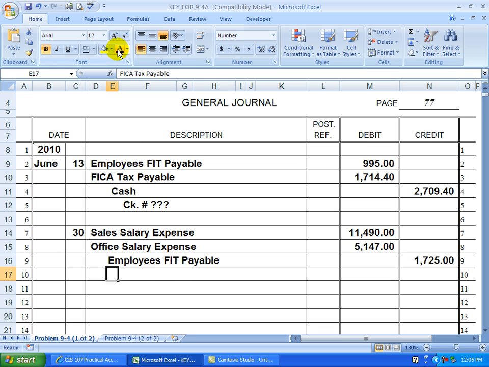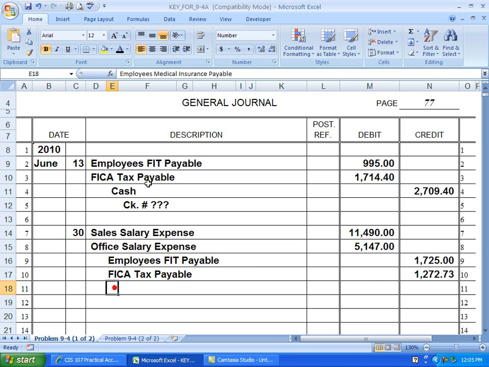Those two go into FICA tax. They're separated when you do the figuring, because Social Security has a cutoff and Medicare does not. So you have to separate them when you initially do the computations, but then you add them back together. So that's FICA taxes, the employee's share.